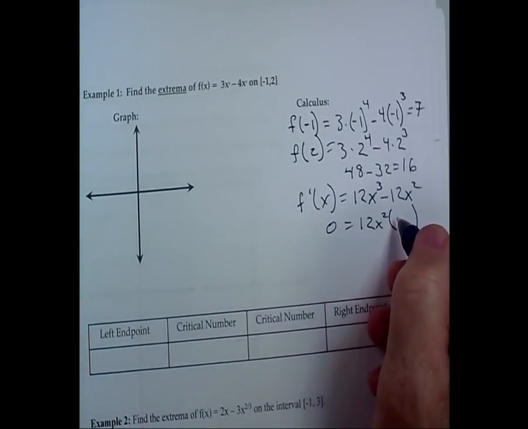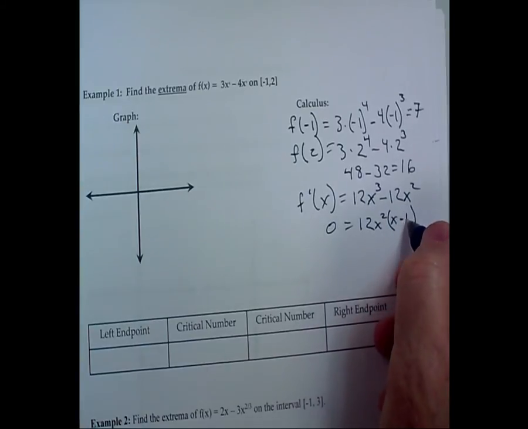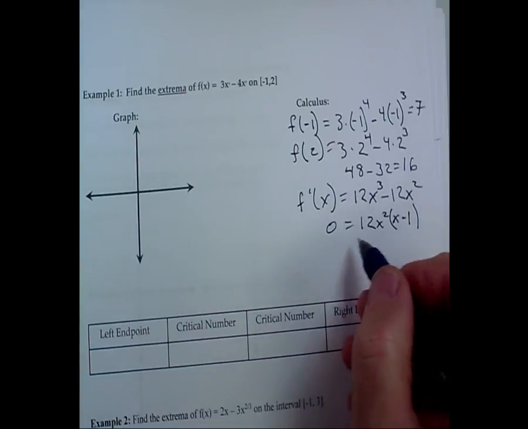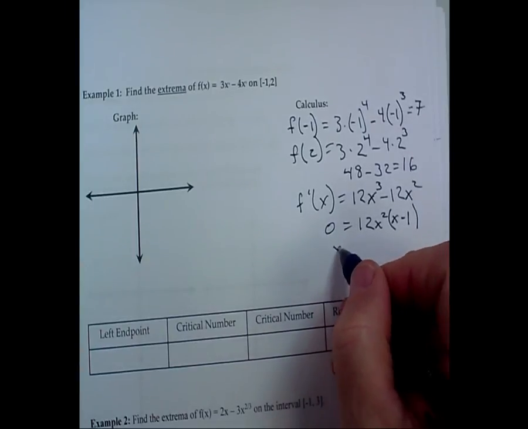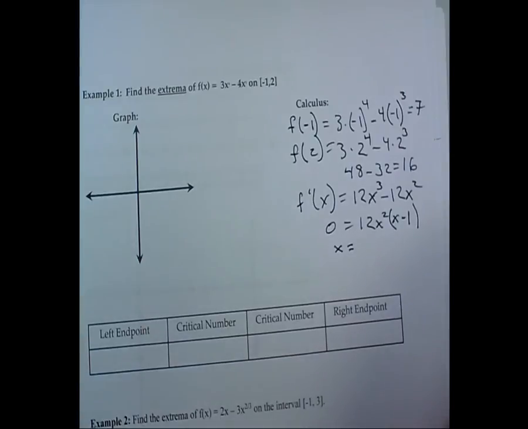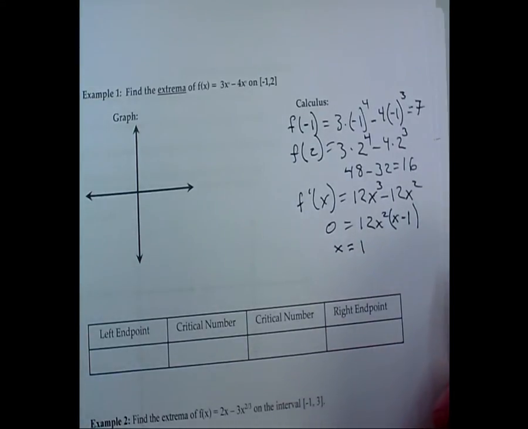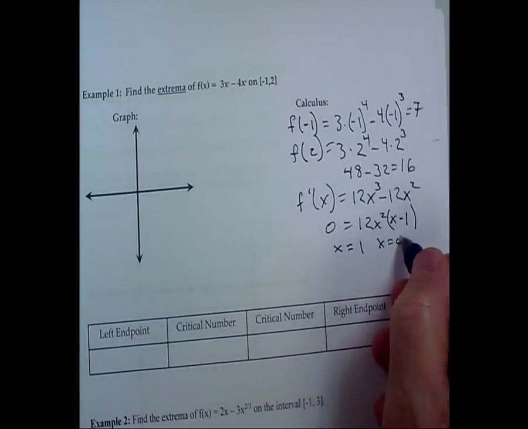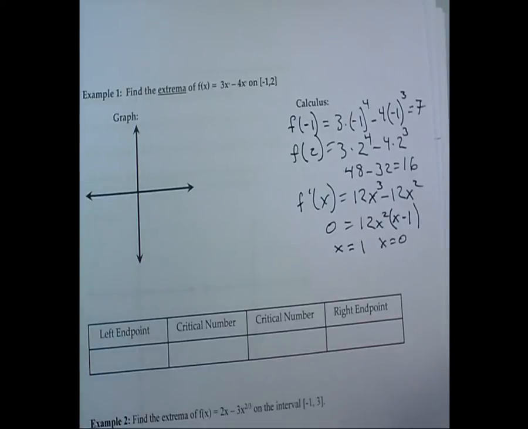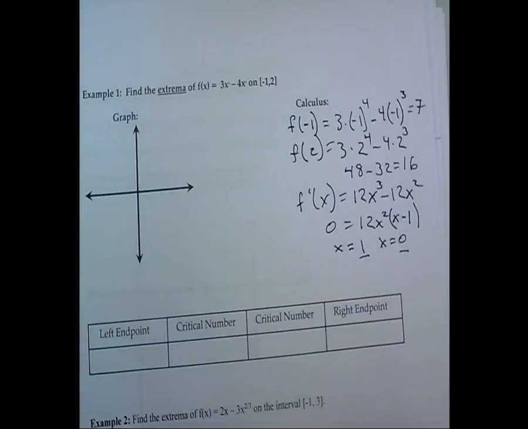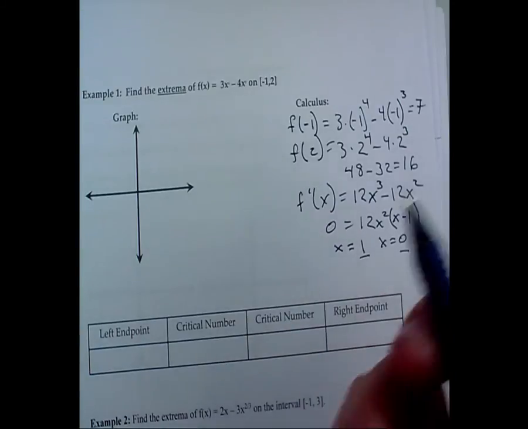And I get x minus what? 1? Okay. What are my critical numbers? x equals 1. Anything else? 0. Would everybody agree? So what am I going to do with 1 and 0 now? I'm going to put them into f, the y values.